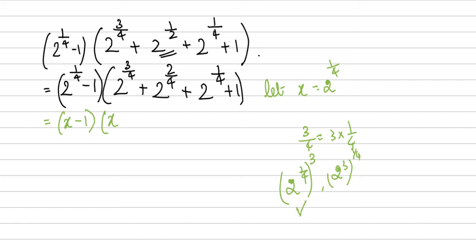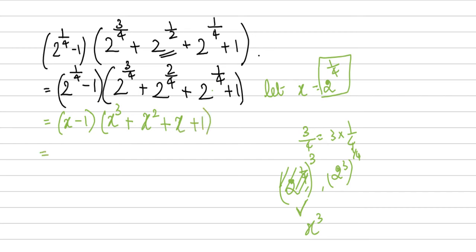I'm just taking the first one, because this particular term appears inside. So basically you can write this as x cube, right? I have assumed x as 2 to the power 1 by 4, and I am replacing this inner term as x, and the outer power I am keeping as such, so x cube. Similarly we can write this as x square, very good, and we can write this as x plus 1.